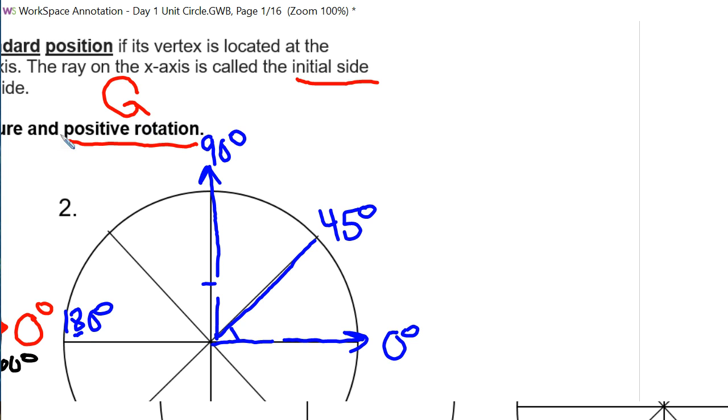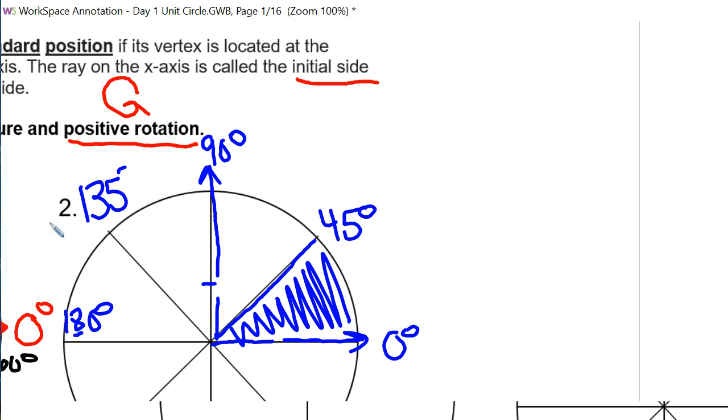What's 90 plus 45? 135 degrees. 135 plus 45 gets us to 180. 180 plus 45 gets us to 225. And what's 225 plus 45? 270. What's 270 plus 45? 316 degrees.